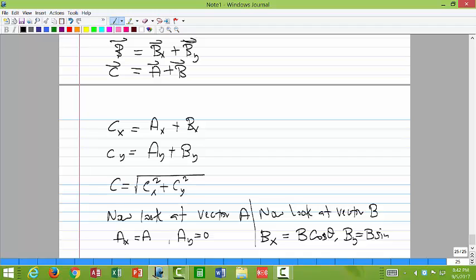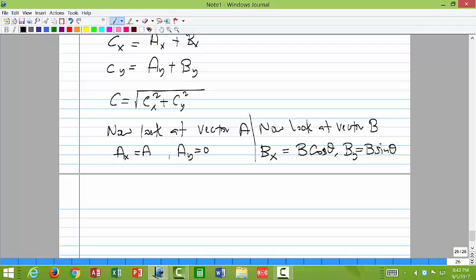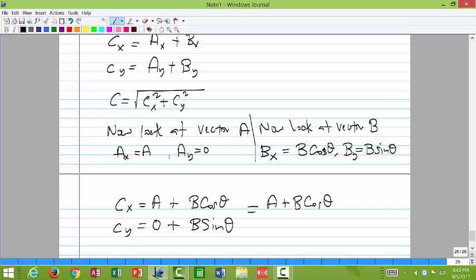So we have Ax, Ay, Bx, and By. Now we can find Cx and Cy. Cx is equal to A plus B cosine theta. Cy is equal to 0 because there is no Ay, plus B sine theta. So this is equal to B sine theta.